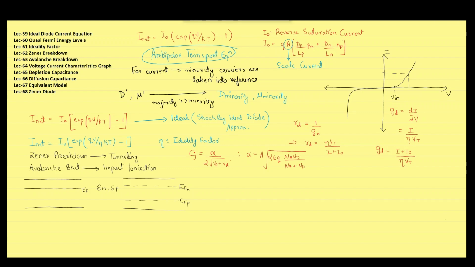Similarly, the formula for diffusion capacitance involves tau, which is the average minority carrier lifetime, multiplied by the current passing through the junction divided by ideality factor multiplied by thermal voltage. After getting so many parameters, we defined an equivalent model in which we represent diffusion resistance, junction capacitance, diffusion capacitance, and sometimes another resistance Rs, which represents the resistance offered by the neutral N and P regions.